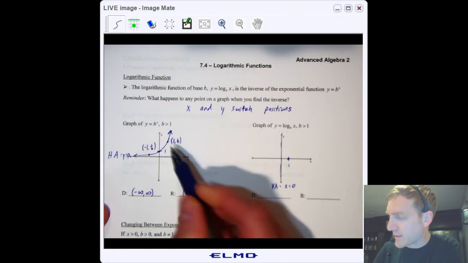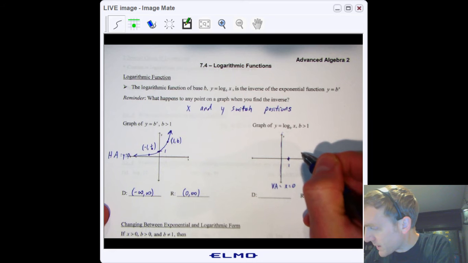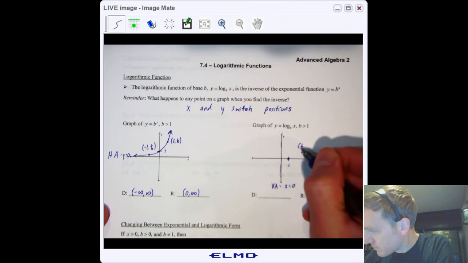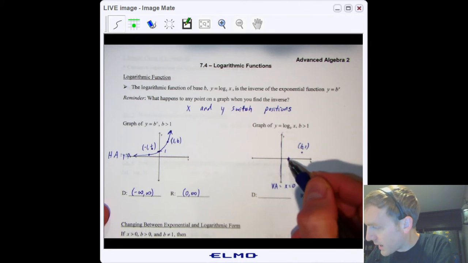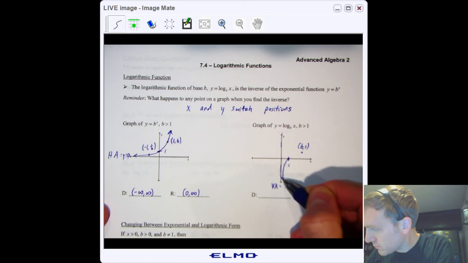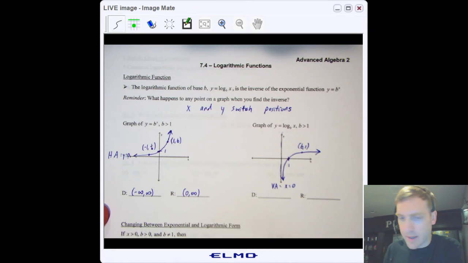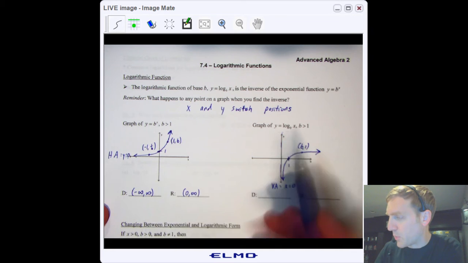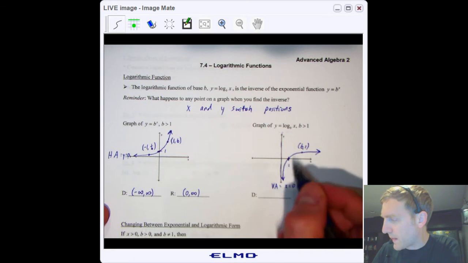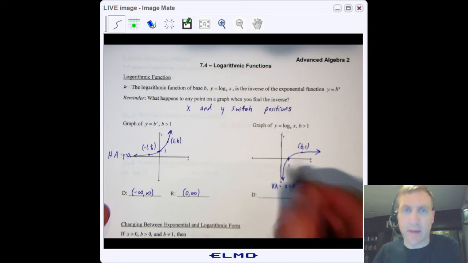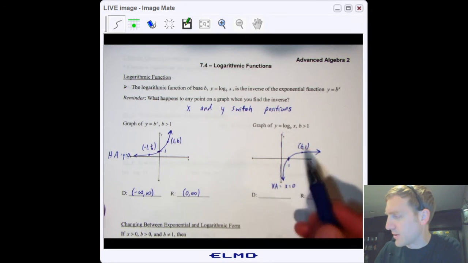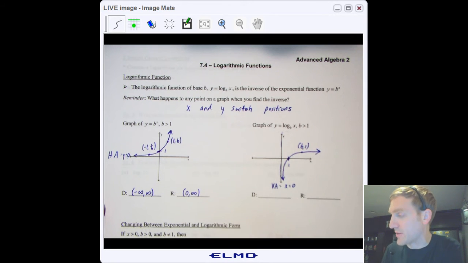And instead of going through the point 1, b, it's going to go through the point b, 1. So it's going to look like that. And then if you want to do a third point, instead of -1, 1 over b, it's at 1 over b, -1, but I'm not going to draw that one. Don't worry about that. As long as you know these 2 points and the asymptote, that's good enough.